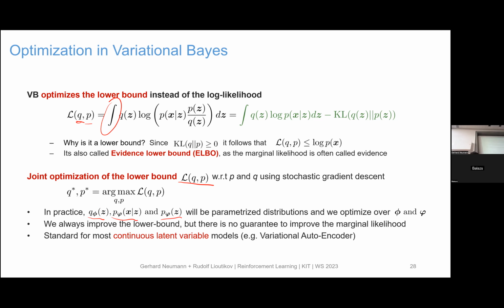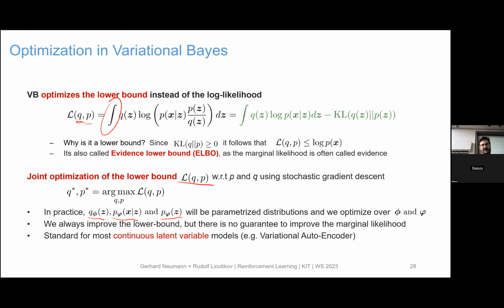And so if you formalize it like that, you can also show that because we optimize the lower bound, it will always go up. It's not guaranteed that the likelihood will always go up. We need one more condition for doing that. People sitting in the machine learning lecture will maybe remember for expectation maximization, the likelihood is always going up. For variational Bayes, it is not.